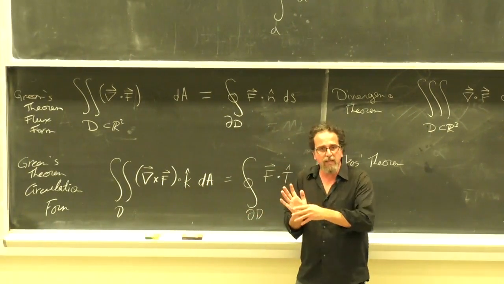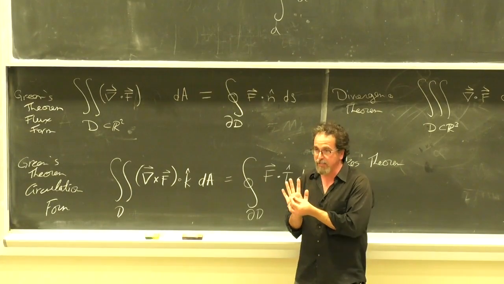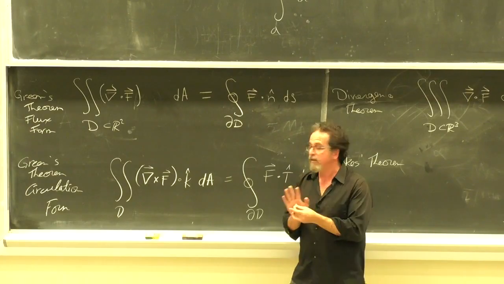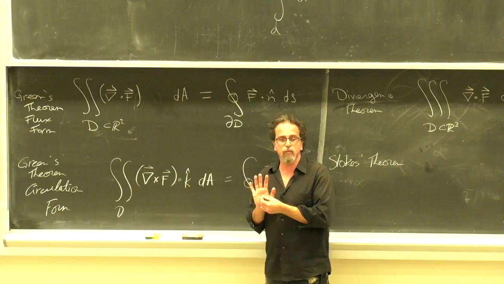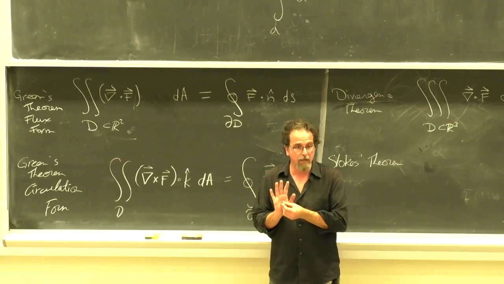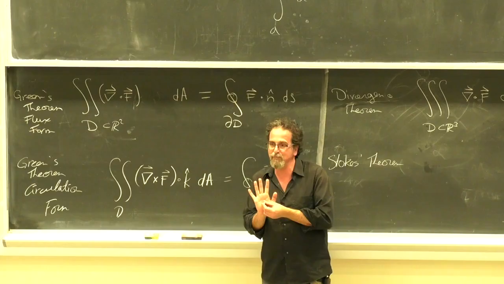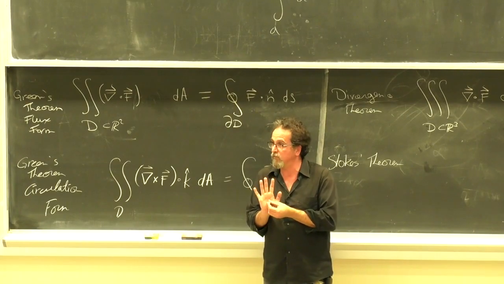We're integrating in the plane, in the xy plane. So k hat is the natural normal vector to the xy plane. This is actually the unit normal. And in the xy plane, d sigma, the surface area element, is simply dA, because it's not a curved plane. So you can use dx dy or r d theta or what have you.